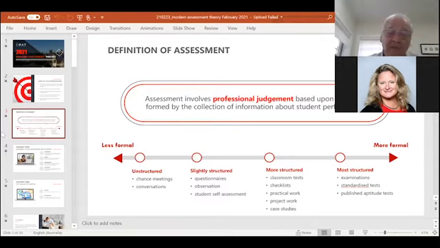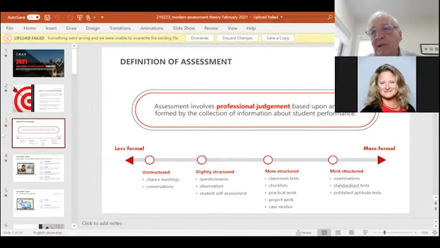And if you start with that concept about building an image and our definition of assessment, you can think, well, that means teachers collect information about students in a number of ways. Up the right-hand end of this line, you can see examinations, standardized tests like the IDAT test, published aptitude tests, etc., which are really structured ways of collecting information about students, but they're not the only way.